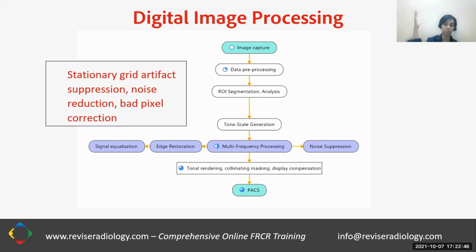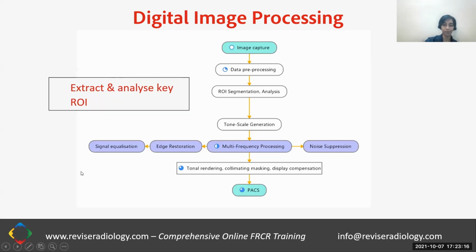The image processing software is already aware of the type of artifacts which occur due to the modality type as well as other factors in the process, and it will correct for these using various algorithms. So one thing which happens in pre-processing is suppressing the stationary grid artifact. It reduces the noise and also corrects bad pixels.